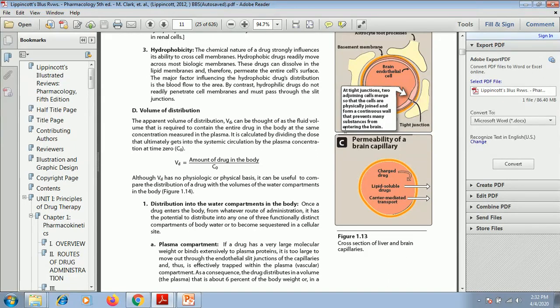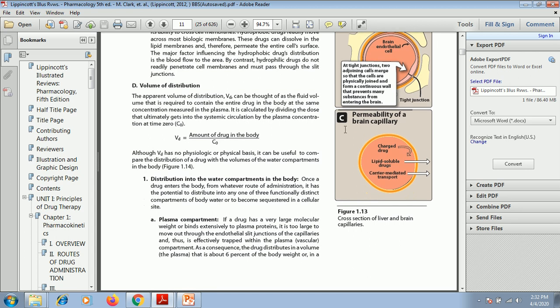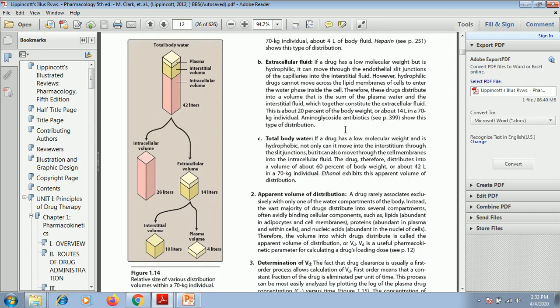So if you consider the body as a fluid compartment, because we have fluid or water in many tissues, in many chambers, for example, here is the total plasma and extracellular fluid, intracellular fluid, all.